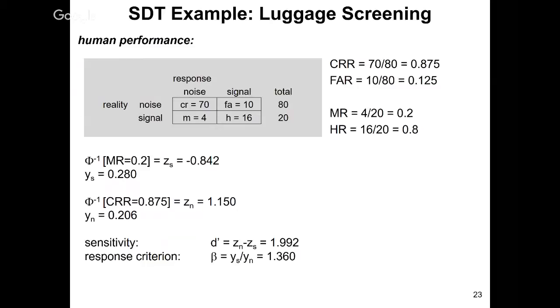We're going to label under the curve of each of the distributions. So under here, what does this represent? It's correct reject. It was noise, and we said it was noise. Our response was noise, and that was right. So this is the correct reject.